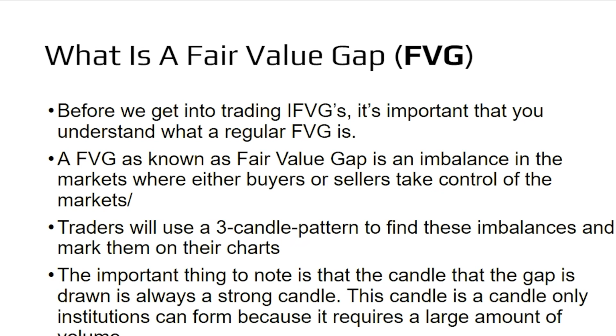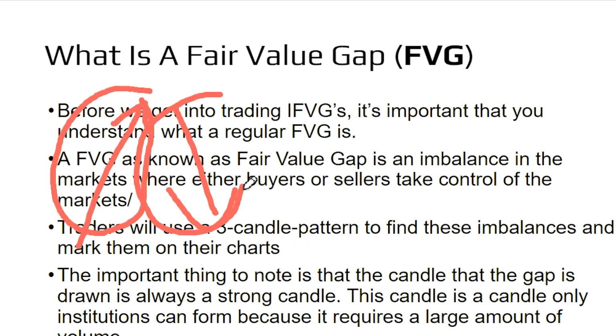So before we get into trading inverse fair value gaps, it's important you understand what a regular fair value gap is. A regular fair value gap is an imbalance in the market where buyers or sellers take control of the markets. When the market is moving up very consistently or down very consistently, that is an imbalance in the market.